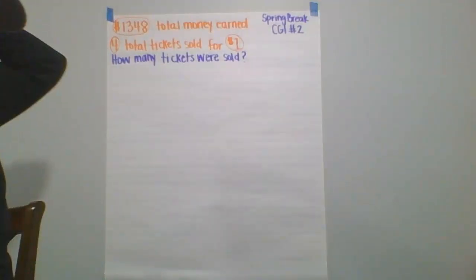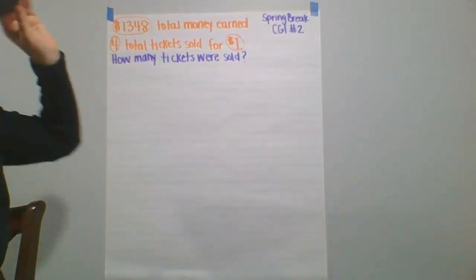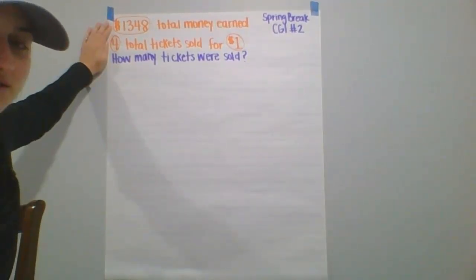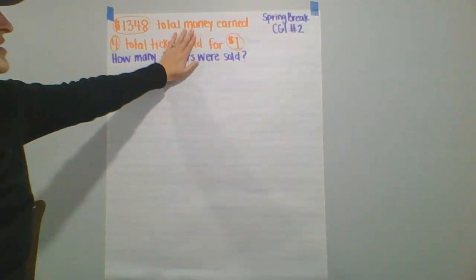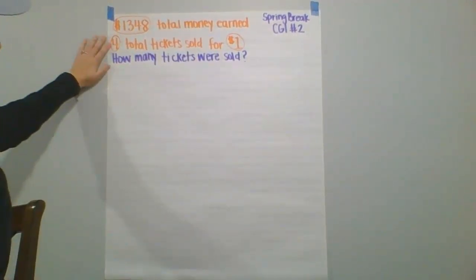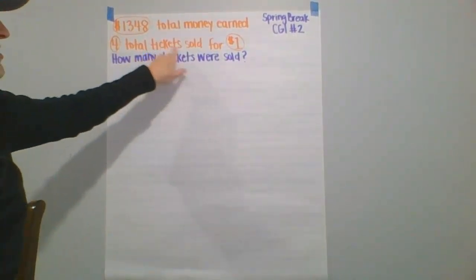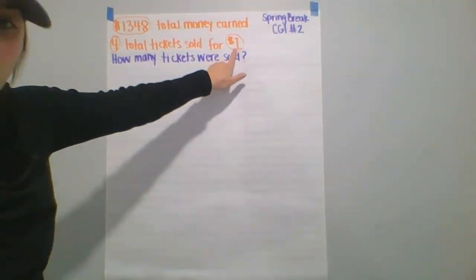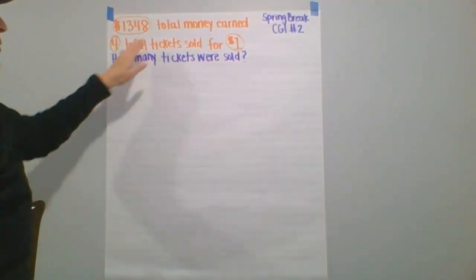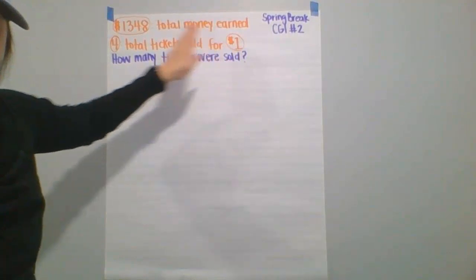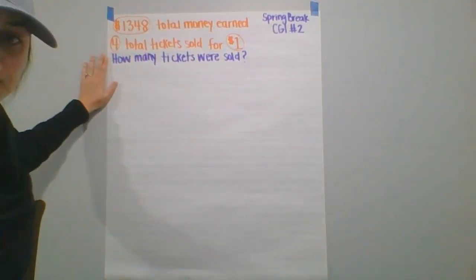So you should have already our quantities up on the paper. $1,348 represents the total money we earned selling all the tickets. 4 represents the total tickets sold for $1. Okay, so every $1 we spend, we get 4 tickets.